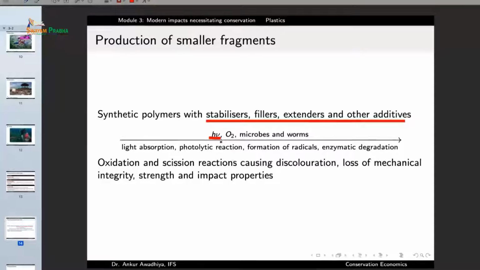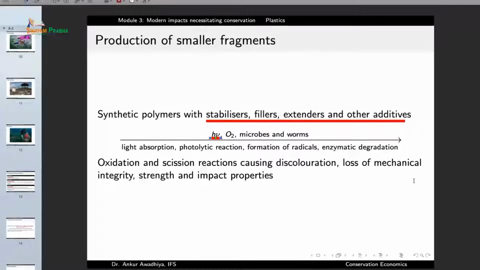Light acts on it, and especially the UV rays of the light are able to break the bonds. So the UV rays have high energy and they are able to break the bonds in these plastics. The plastics are polymers. If you break the bonds, you will convert them into oligomers or into the monomers. And in this process, the plastic piece will start to fragment into smaller size particles.